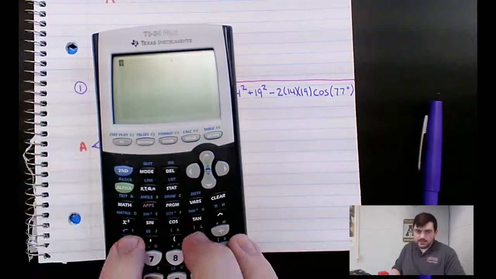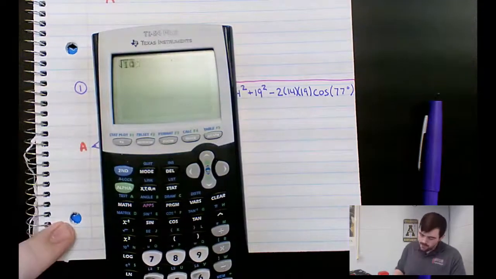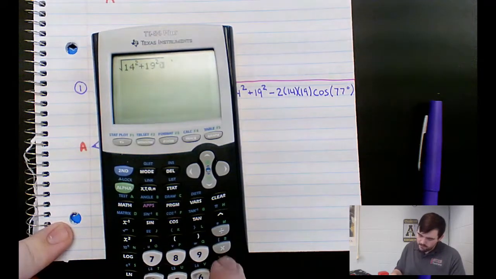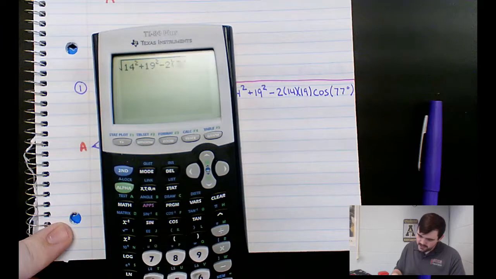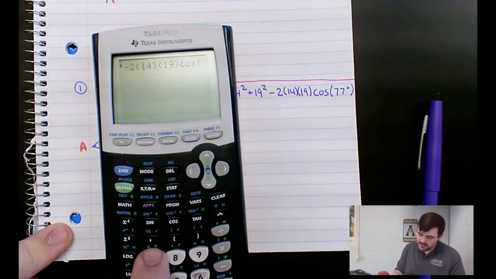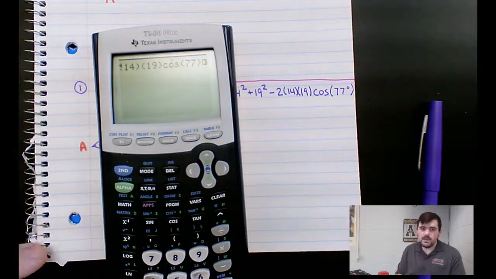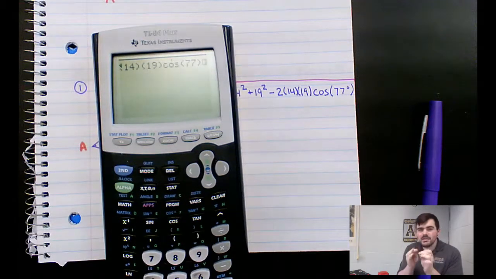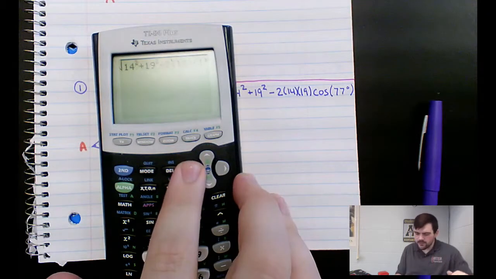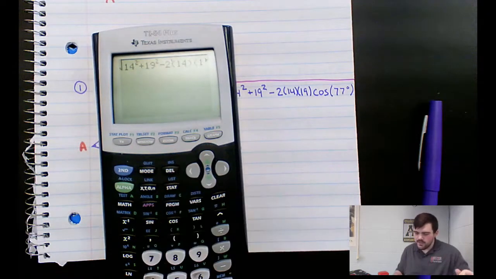Then, second, square root of 14 squared plus 19 squared minus 2 parentheses 14 parentheses 19 cosine 77, close your parentheses. Just double check as you type that in. Am I typing in the right stuff? If you have to, scroll back through just to make sure and then hit enter.